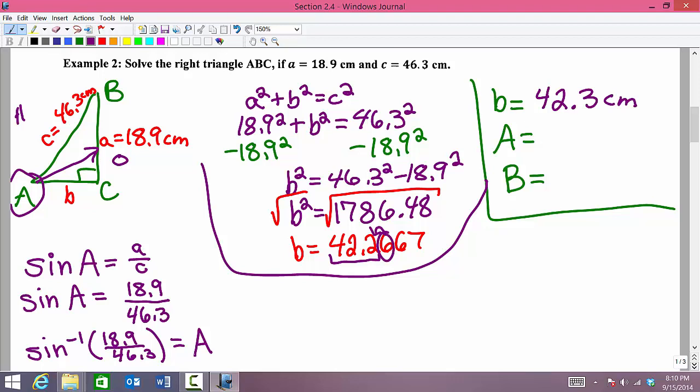In your calculator you should see sine with a -1 at the top, and then in the parentheses we're going to put 18.9 divided by 46.3. And we get that angle A is 24.09227. We're going to round here. Let's round to the nearest 2 decimal places. So that gives us 24.09 degrees.